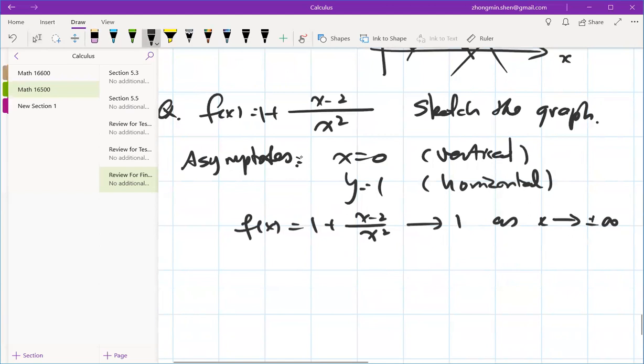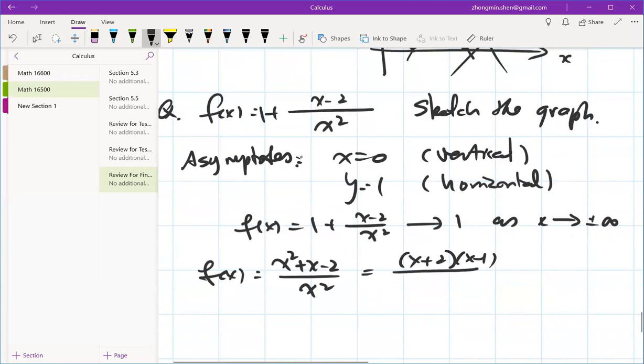Now, you can rewrite this function in the form x squared plus x minus 2, okay, so that gives you x plus 2 and x minus 1.